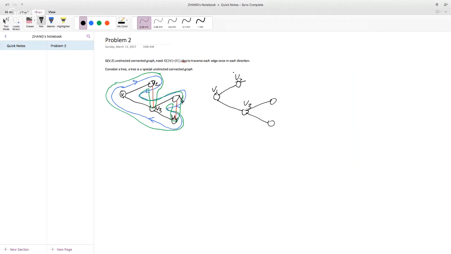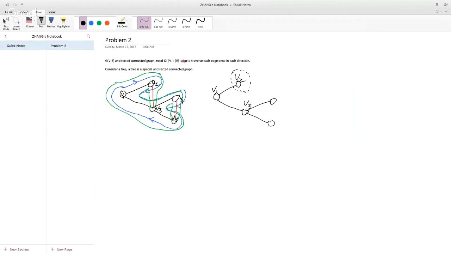For V2, let's imagine the only graph is V2, and it is a trivial case. So it already satisfies the requirement of the path. Let's say we go back from V2 to V1, and then we go from V1 to V3.